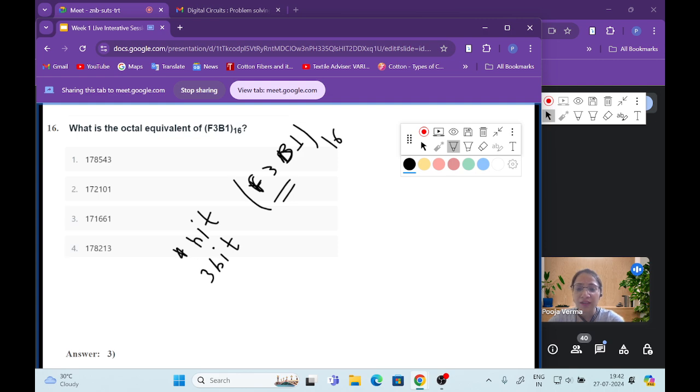So what is the binary of F? What is the representation for F? F is 15, so 4 ones: 1 1 1 1.